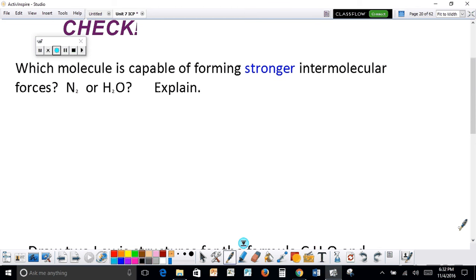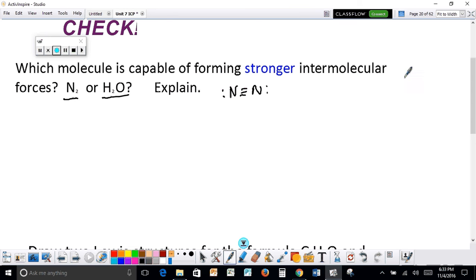So this is an example of an AP style question that you might be asked about intermolecular forces. Which molecule is capable of forming stronger intermolecular forces, N2 or H2O? Well, let's go ahead. What do these look like? So N2 is going to be nitrogen triple bonded to nitrogen, and we got these nice little lone pair electrons on the outside.